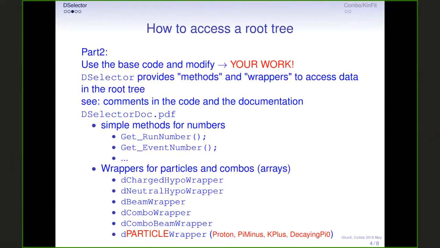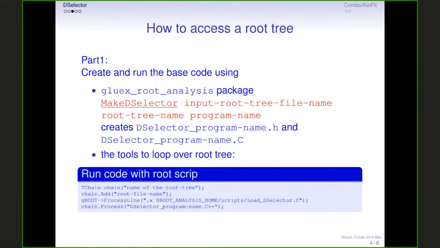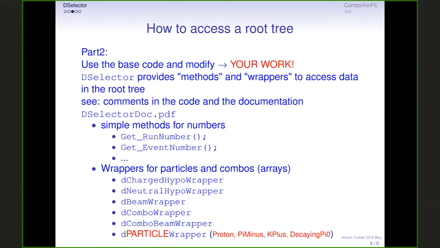So now, by doing this make deselector, you have created two files, and now your work starts. Up to now, you haven't done much, but you have basically created two files with some code skeleton in them, and now you have to modify this skeleton according to what you want it to do. The deselector program package library provides methods and wrappers with methods to access the data in the root tree.